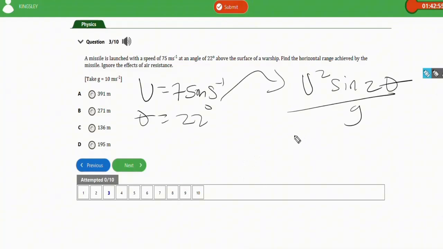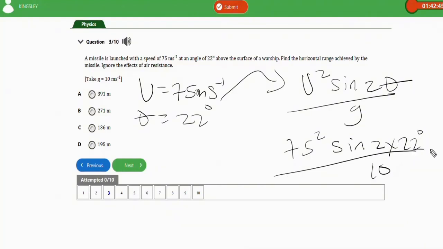So we're going to have 75 square, sine 2 times 22 degrees, over 10. This is 10. Now let's break this down. This is 75 square sine 44 degrees over 10.